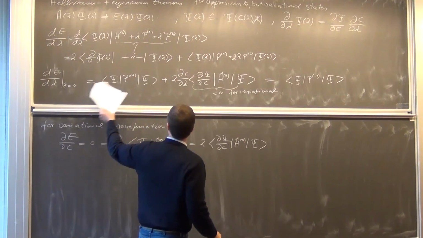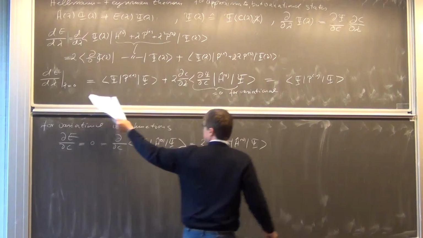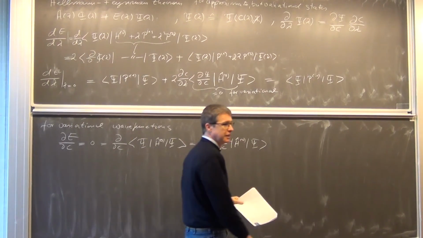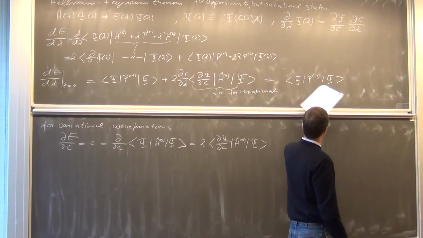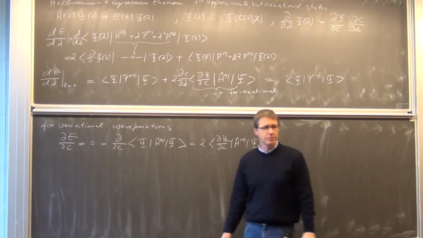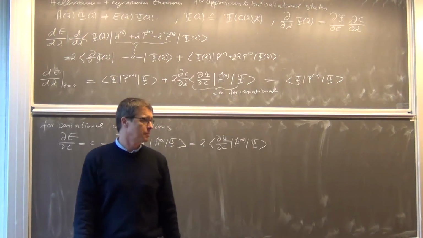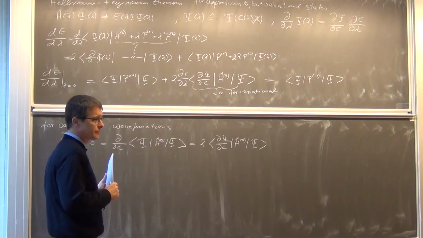The Hellmann-Feynman theorem is also fulfilled. The derivative of the energy with respect to a parameter in the Hamiltonian is just the expectation value of the corresponding derivative of the Hamiltonian.